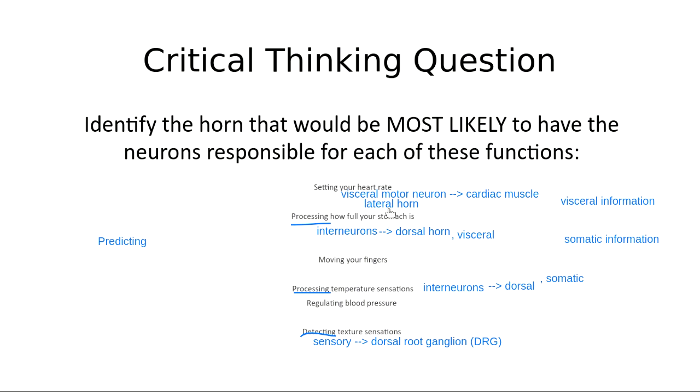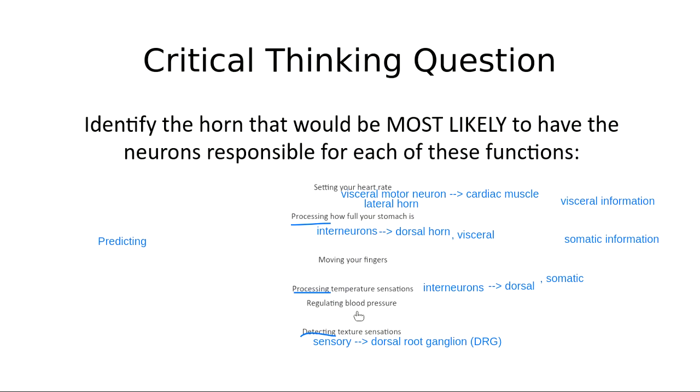Let's go down to this one down here. When I talk about regulating your blood pressure, which kind of muscle tissue lives inside blood vessels and helps to set your blood pressure? Which type of muscle tissue is responsible for your blood pressure?